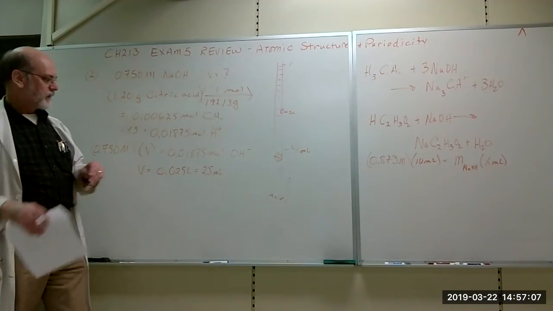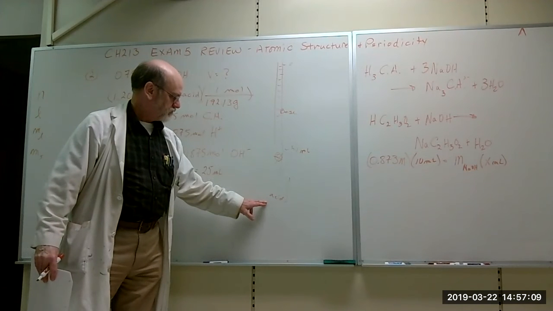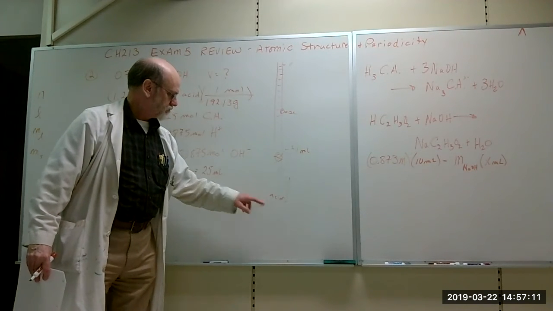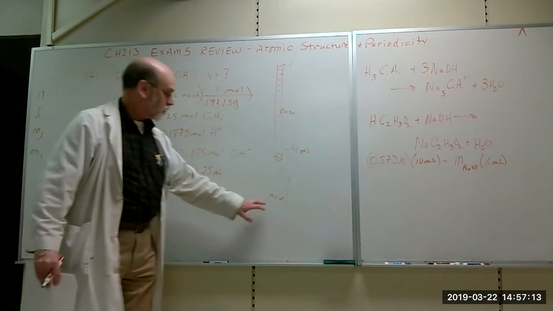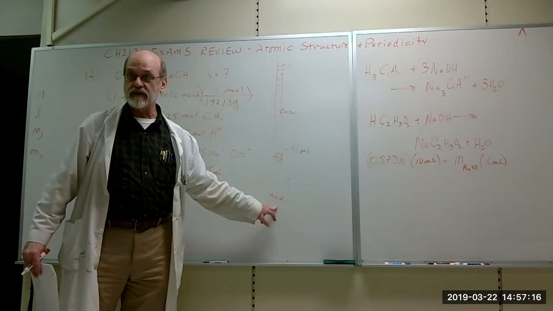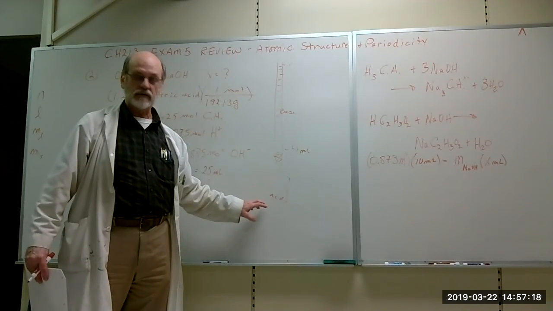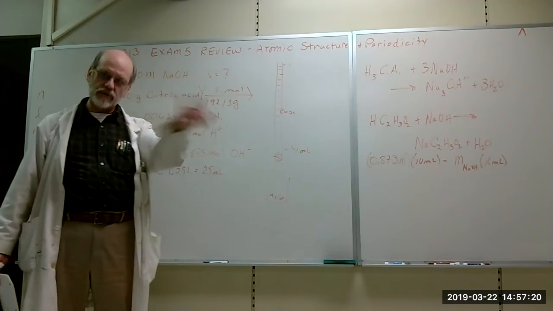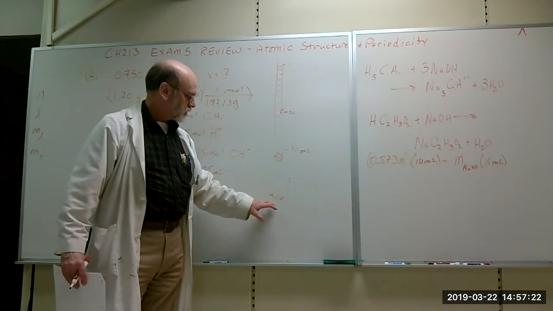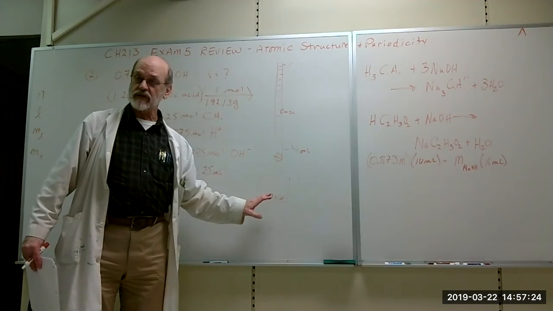Then you can tell, you're going to weigh out the amount of citric acid into the reaction vessel or into a weigh boat and then transfer it. So you know the mass of your citric acid that goes in there.